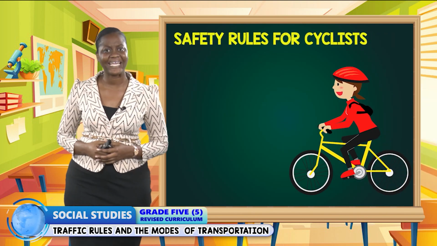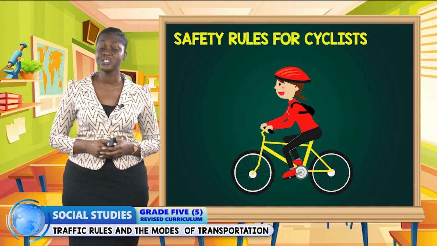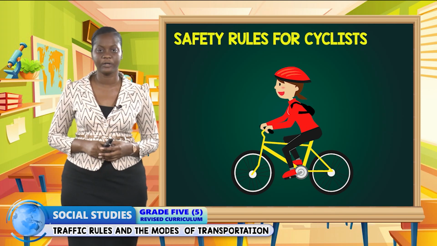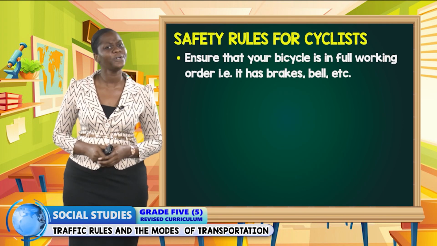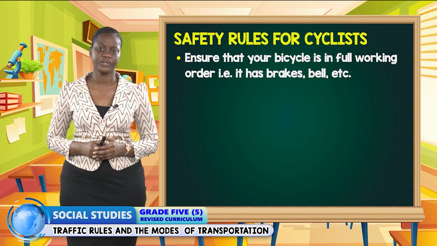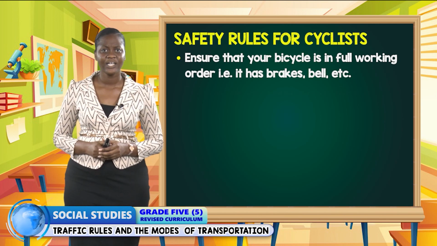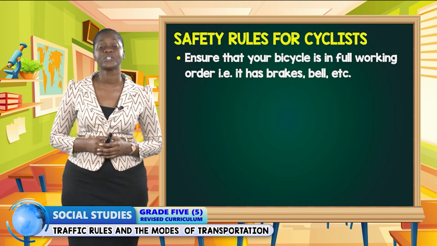So what about cyclists? They also have safety rules that they must observe, and they are as follows. Ensure that your bicycle is in full working order. That is, it has brakes, a bell, and other important parts.